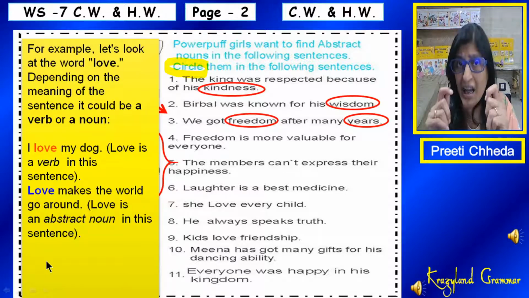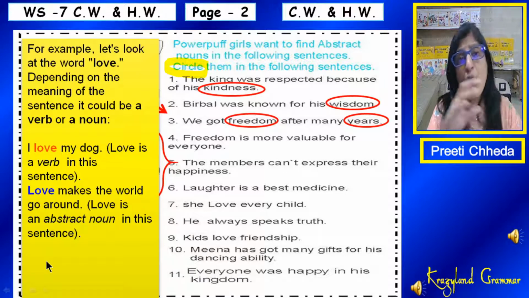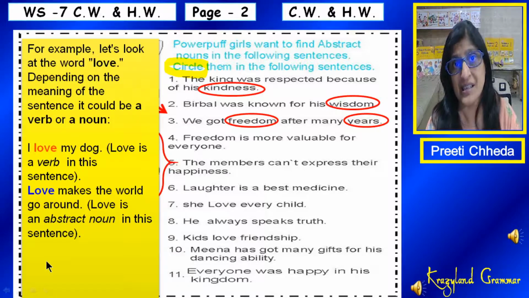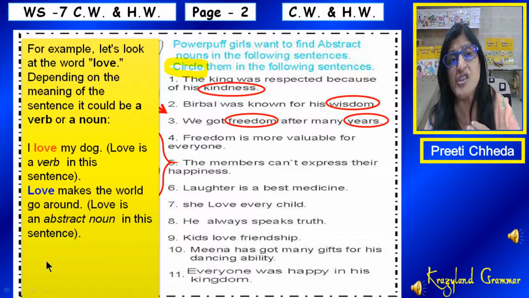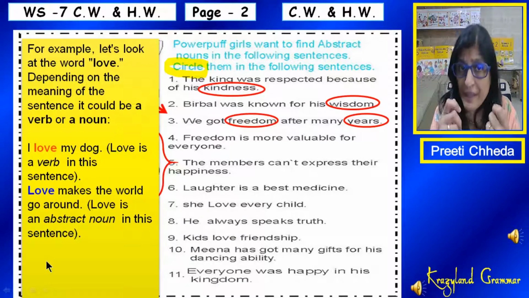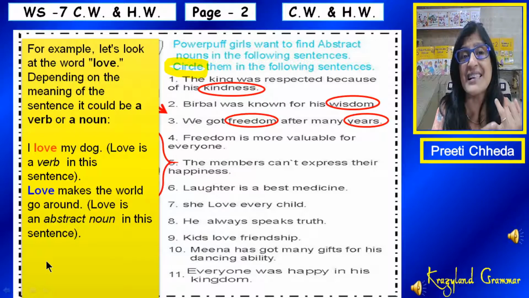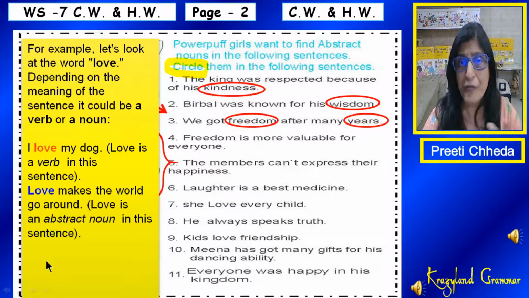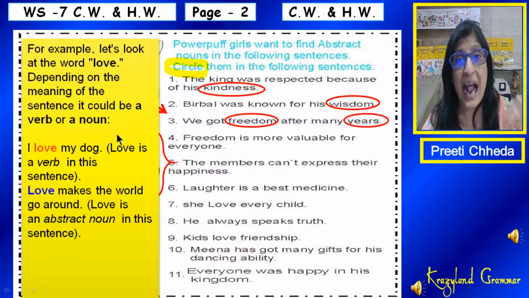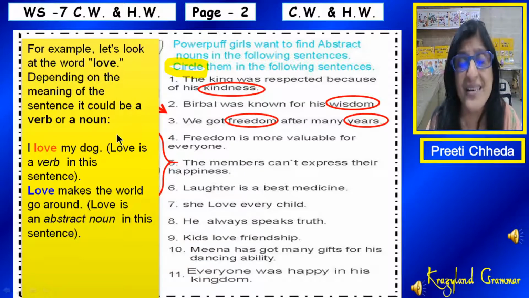Now, is love a verb or a noun? It depends on the meaning of the sentence, like how love is used and what meaning it gives. Then accordingly we can say that it is a verb or a noun. Now if you read the sentence here, I love my dog. Here love is becoming your verb because I am doing something. What am I doing?